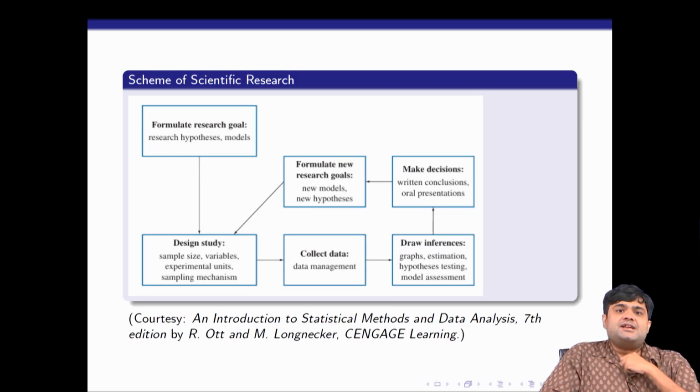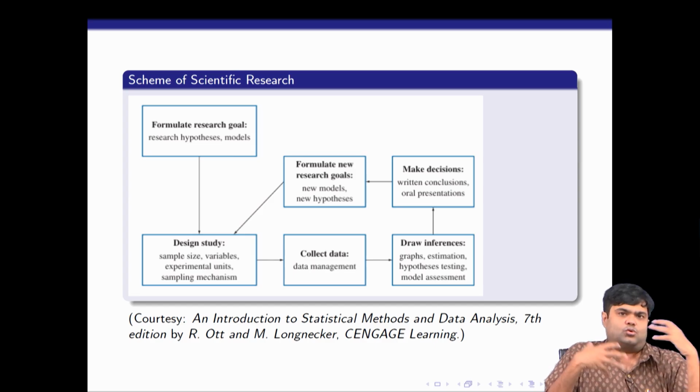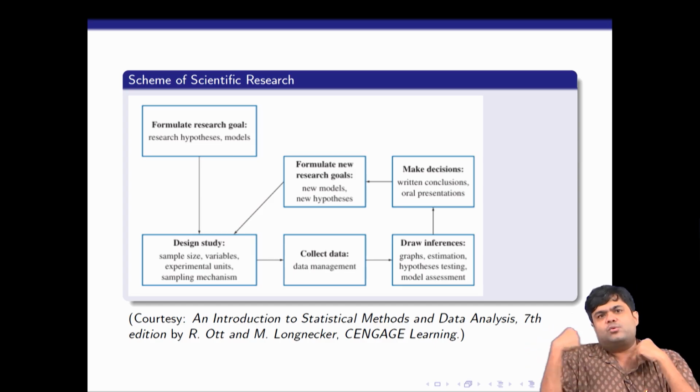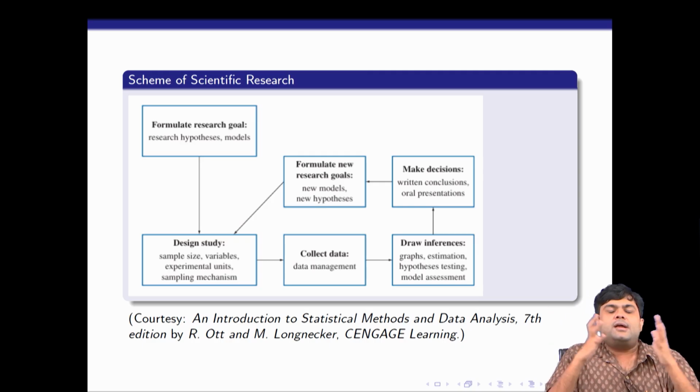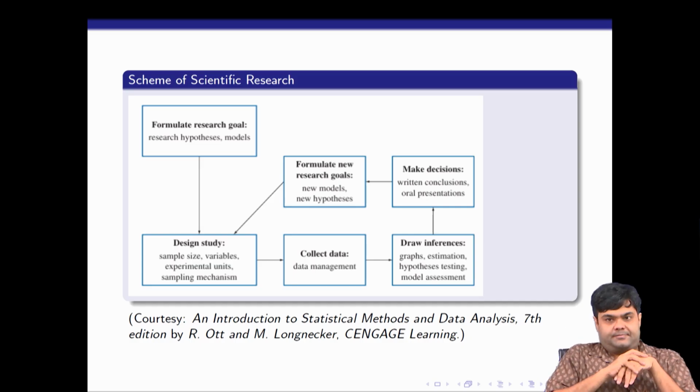The scheme of scientific research goes in the following way. This, by the way, is taken from the book Introduction to Statistical Methods and Data Analysis by Ott and Longnecker. Generally, scientific research follows these steps. You start with a research goal, and then you design the study.